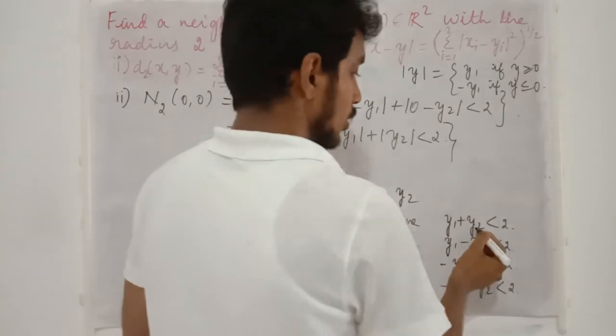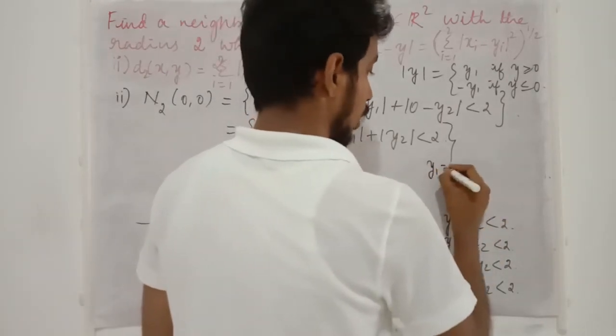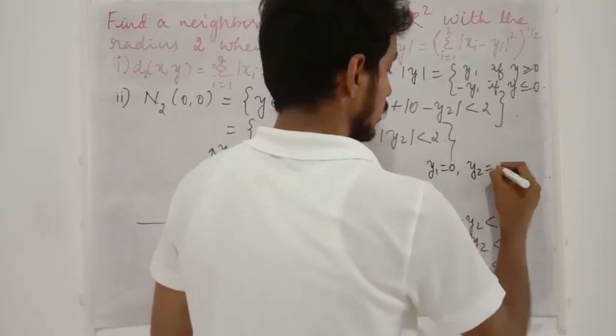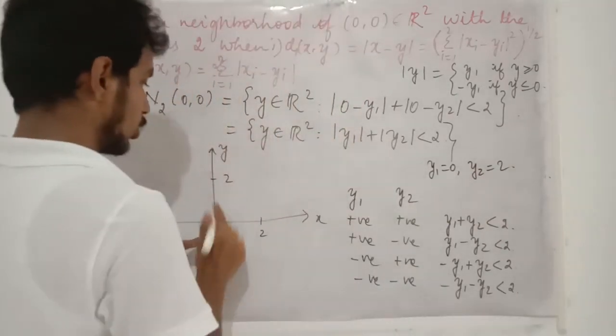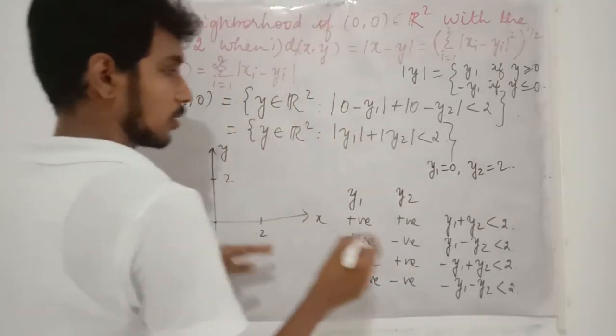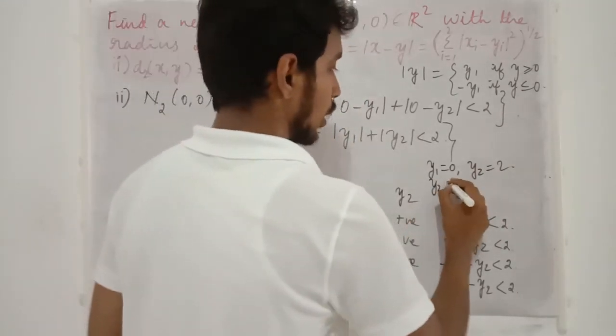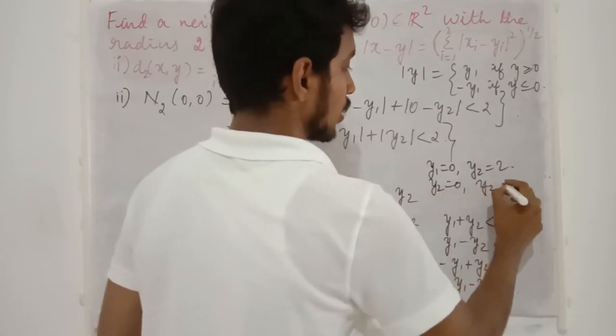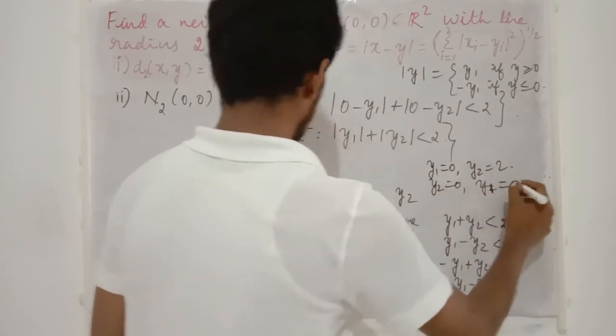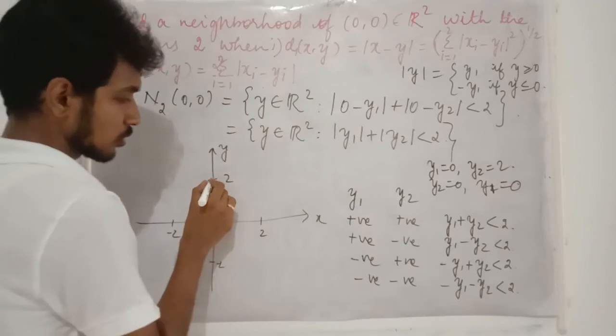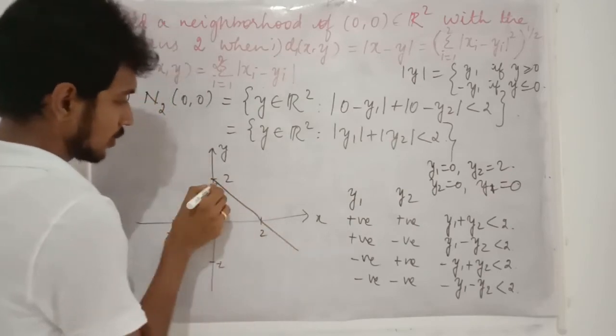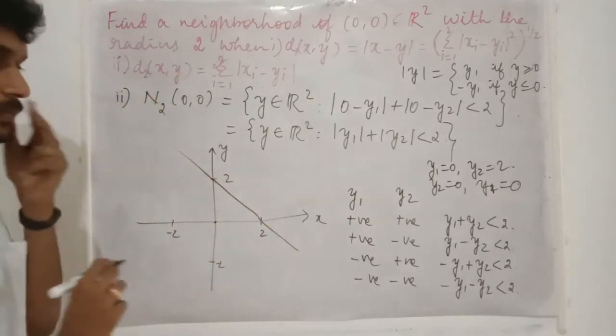When you give y1 is 0, you get y2 is 2. So it is going to be the point 0 comma 2. And similarly, when you give y2 is 0, you are going to get y1 is 2, and this is going to be this point. So a straight line passing through these 2 points.